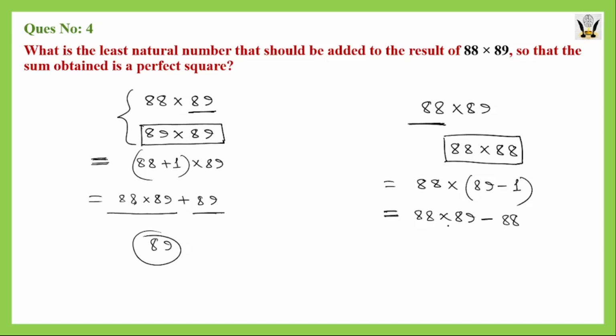So 88 multiplied by 89 is the value which was given in the question, and from there if we subtract 88, then what value are we going to get? 88 multiplied by 88, which is a perfect square, square of 88. So this time from the given value, if we subtract 88, then we will get a perfect square.